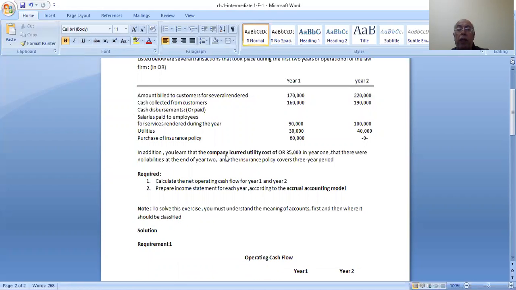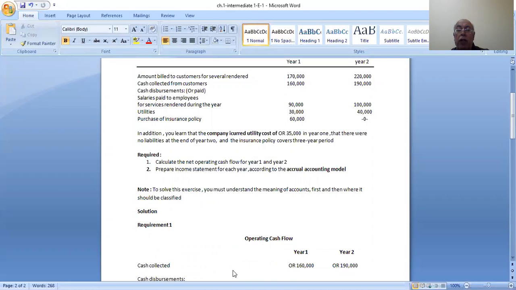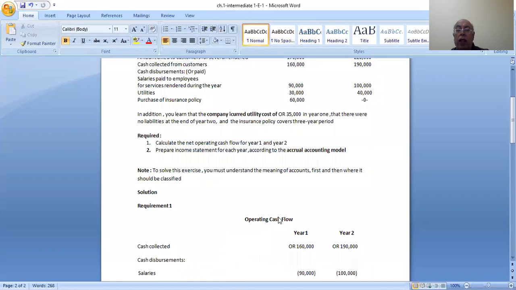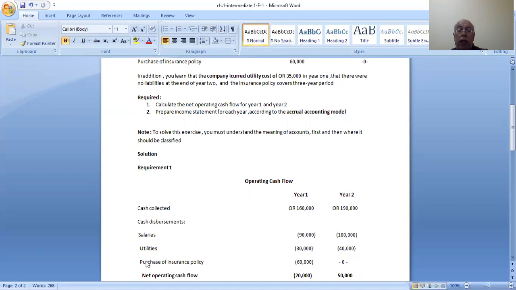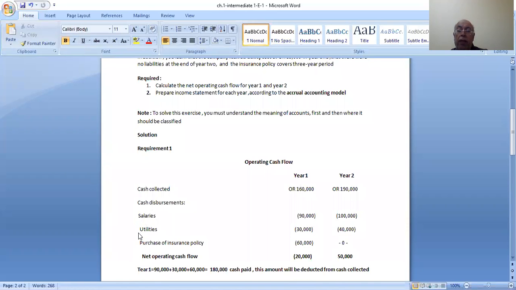To prepare the operating cash flow in year 1 and year 2, what we have to do is write year 1 and year 2 in column 2 and column 3, and in column 1 write the account names, like cash collected, and then the cash disbursements paid in each year.